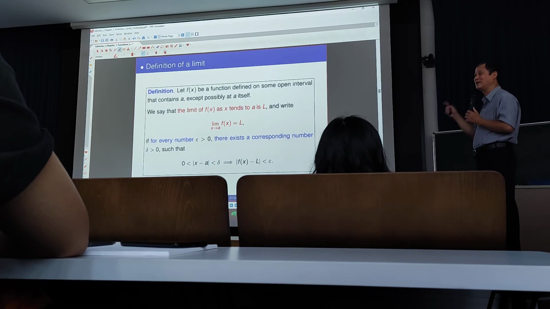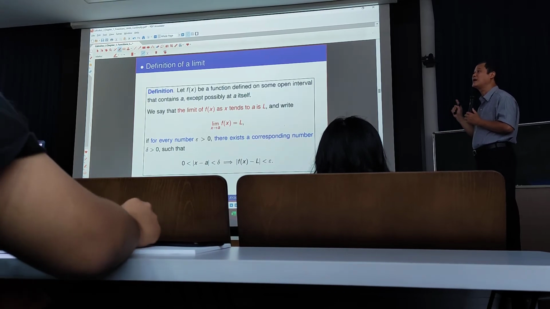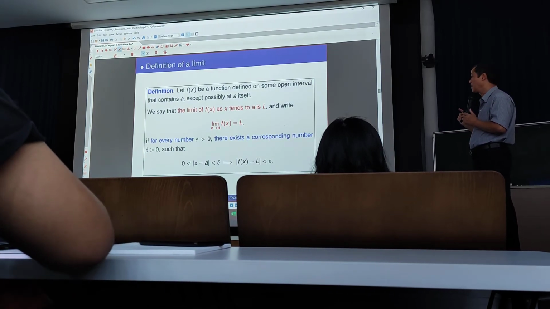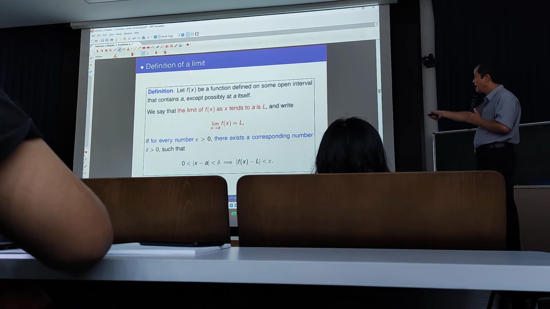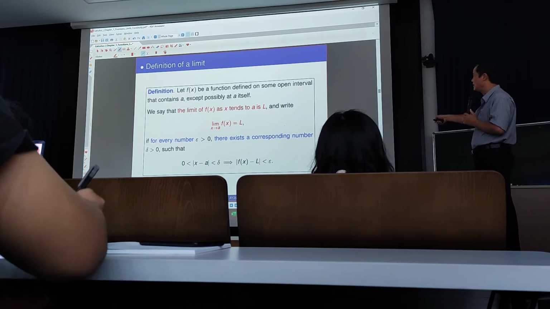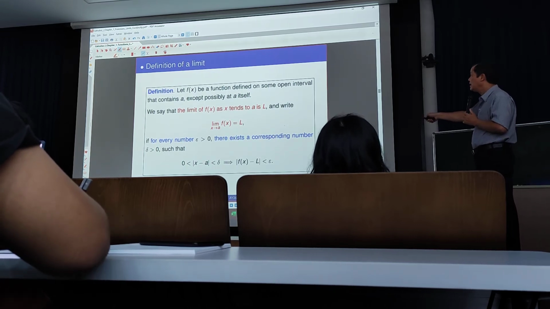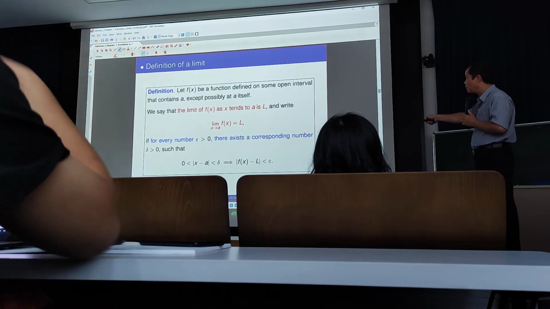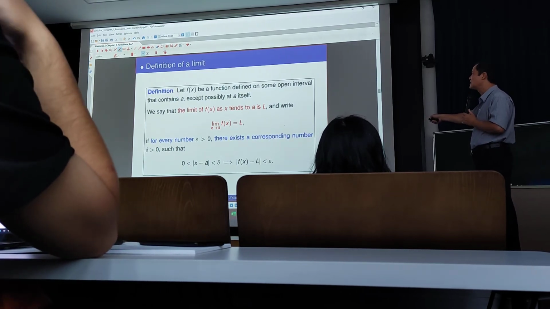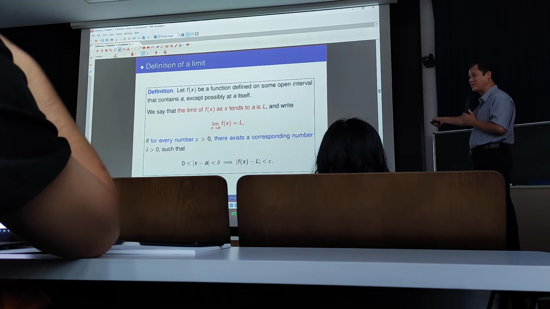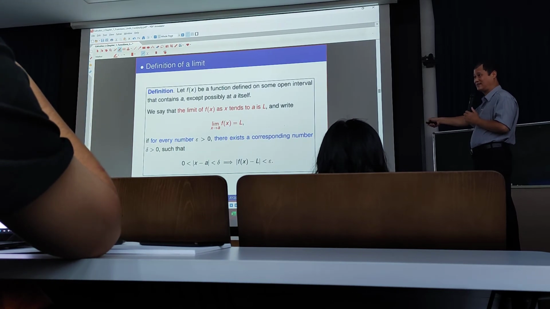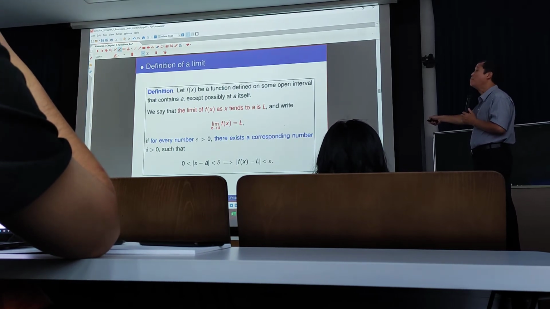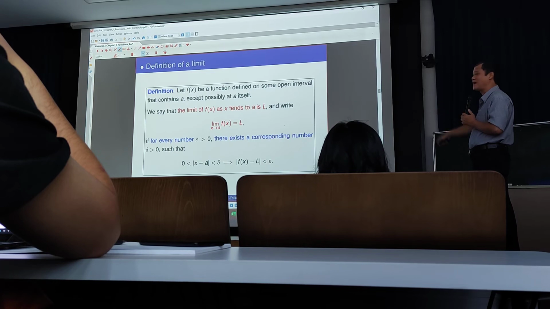A very important definition you should understand. Suppose f(x) is a function. If we write suppose, then f(x) is a function. But if we write let f(x) be a function. You write let f(x) is a function if it's wrong.